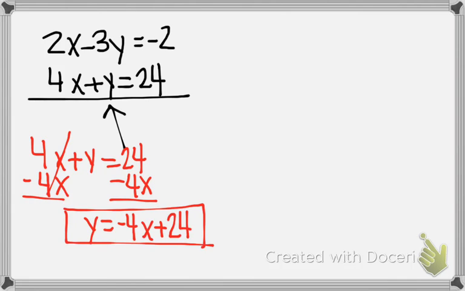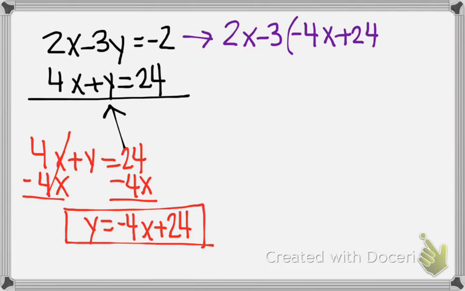Now that I know what y equals, I'm going to plug it into the first equation. 2x minus 3, plug in your value for y, which is negative 4x plus 24, and this will equal negative 2. Now I just need to solve for x. Distribute negative 3 into your parentheses.